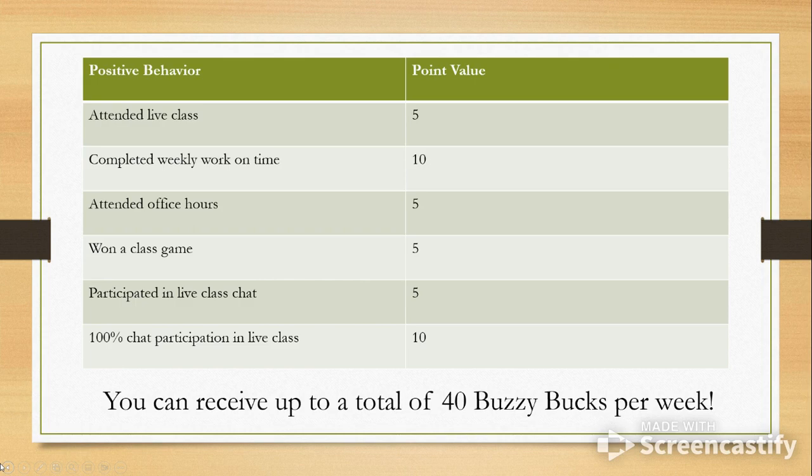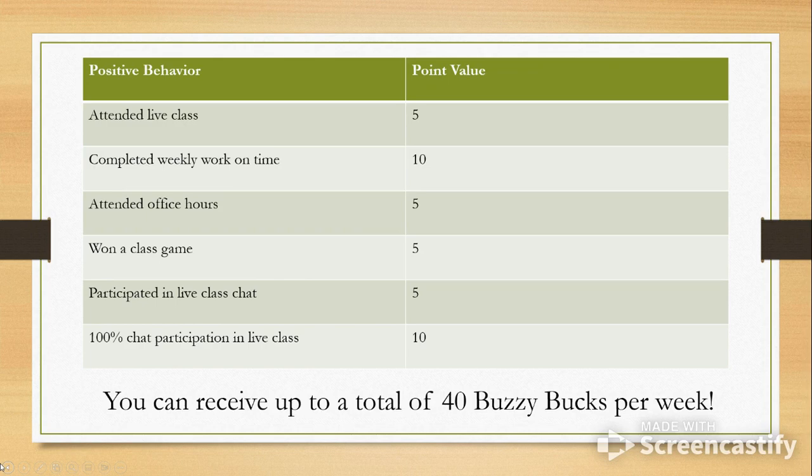Participated in live class chat. So if you are actively chatting in the chat box, you are going to get 5 points for that class. And then this one is special. I don't know if everyone realizes this, but there is a chat participation percentage in Blackboard. Let's say that we have 10 people in class, but only 2 people are really participating in the class chat.